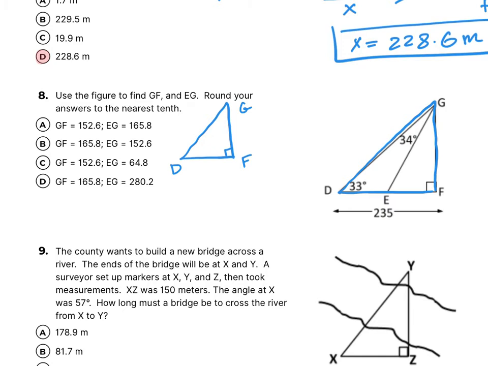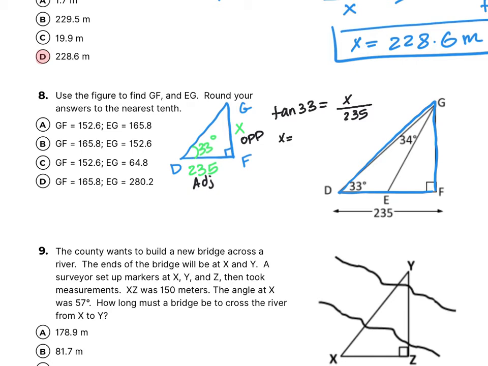In this case, the base on the bottom is given to be 235, and the angle is 33. And GF is one of the things that is needed. So in order to find GF, I'm going to use tangent. Tangent of 33 is equal to opposite over adjacent, because this is the opposite, and that's the adjacent.